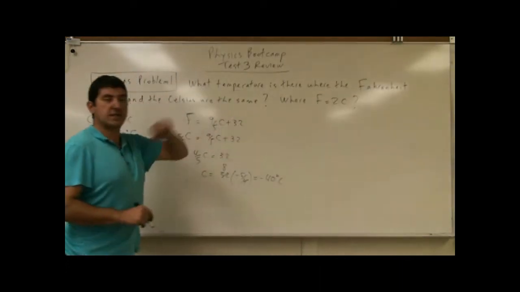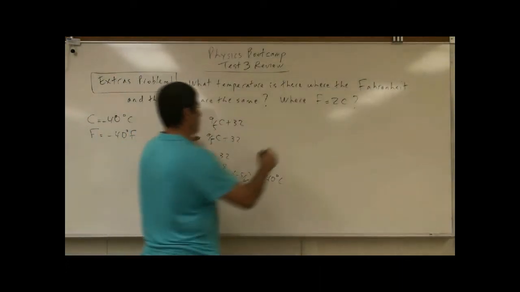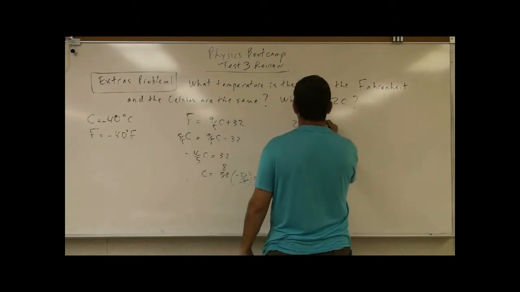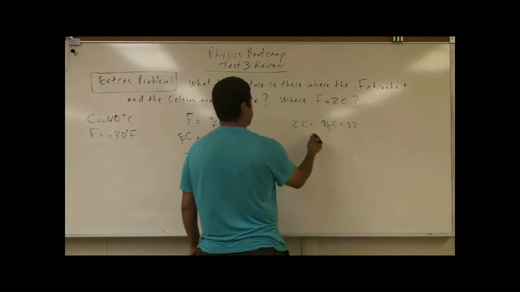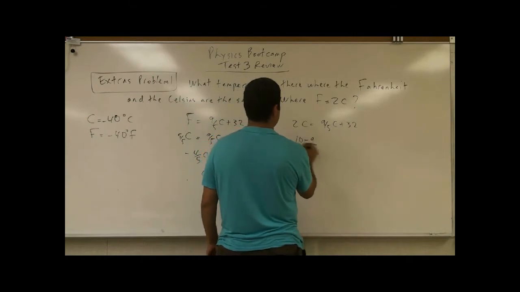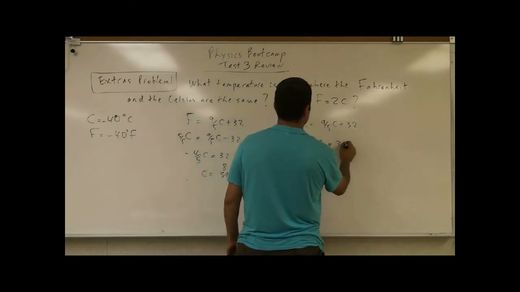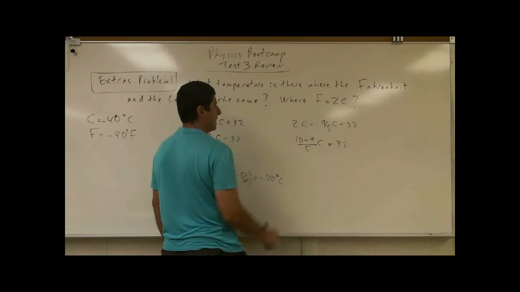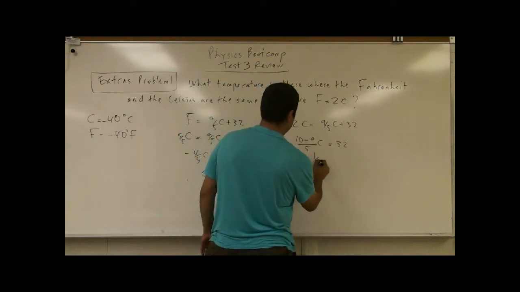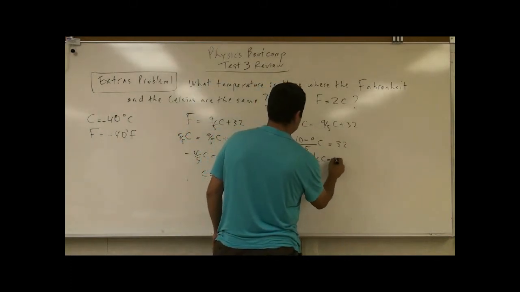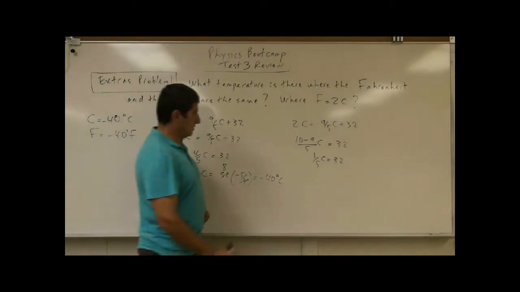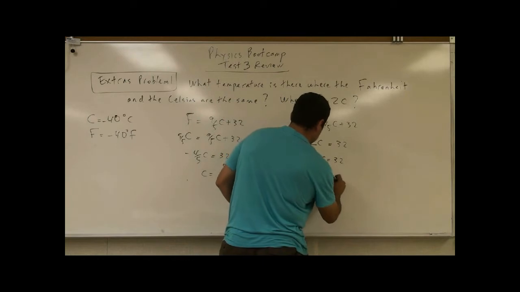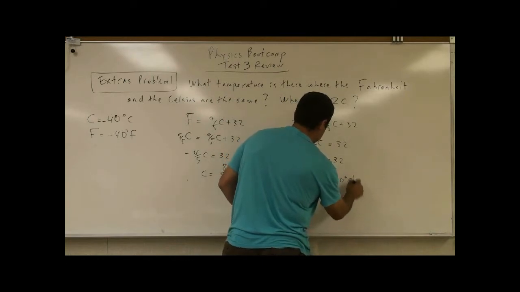How about a Fahrenheit that's twice the Celsius? Well, you put here 2C equals 9/5 C plus 32. Then you bring this over. You have 10 minus 9 over 5 C. Common denominator, you have 1/5 C equals 32. And then C is equal to 160 degrees Celsius.